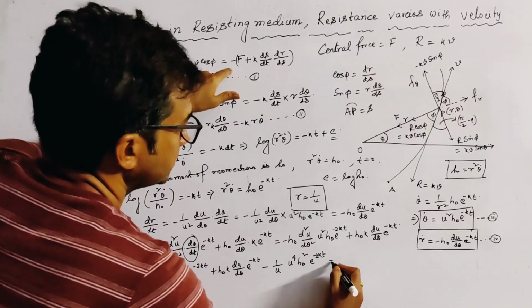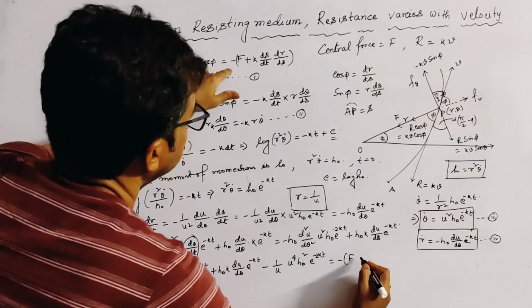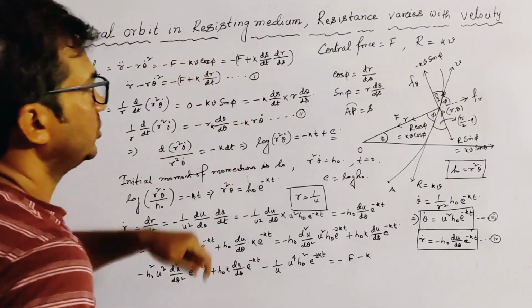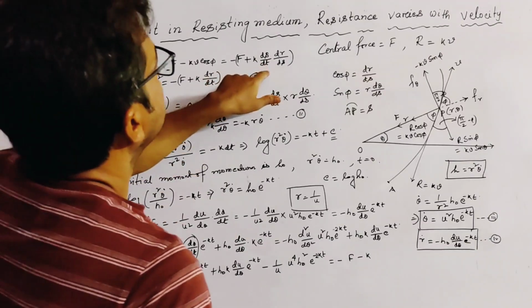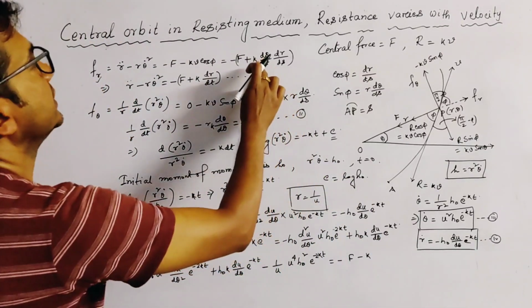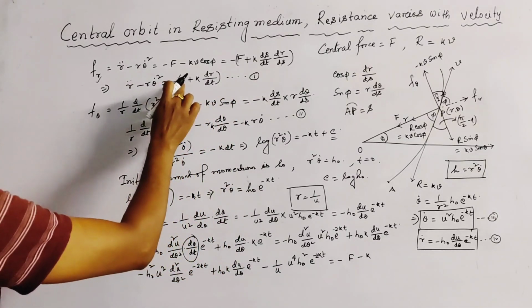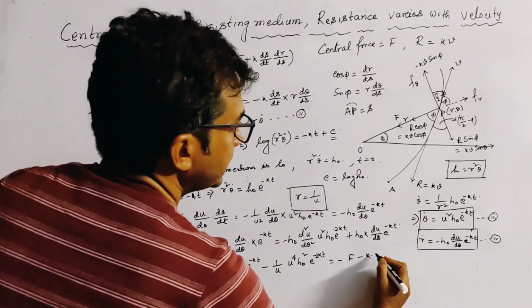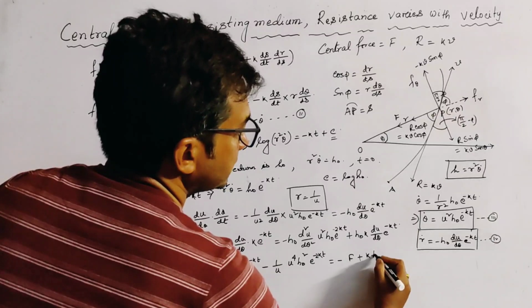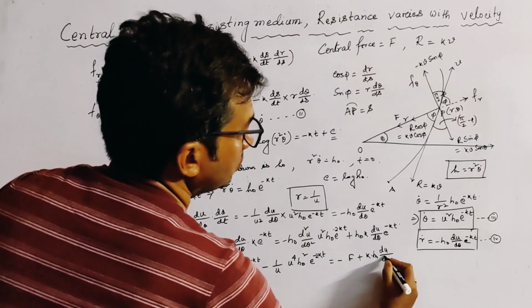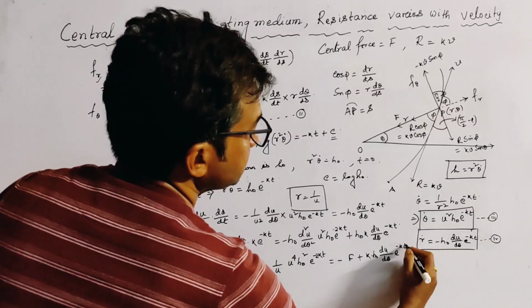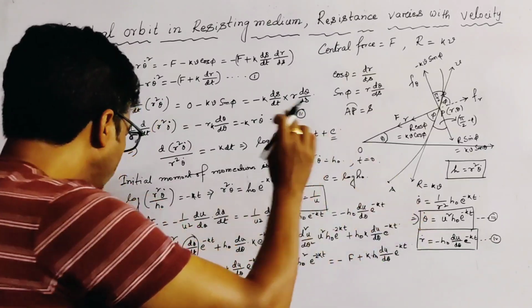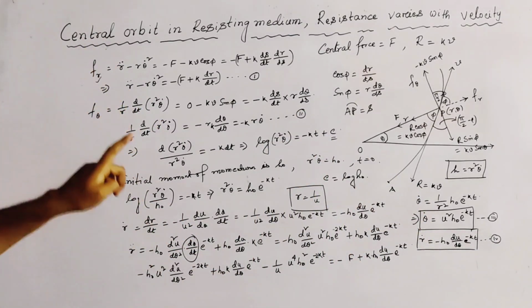The right side is −f − k dr/dt, and dr/dt means this relation, so this is plus h₀ (du/dθ) e^(−kt).